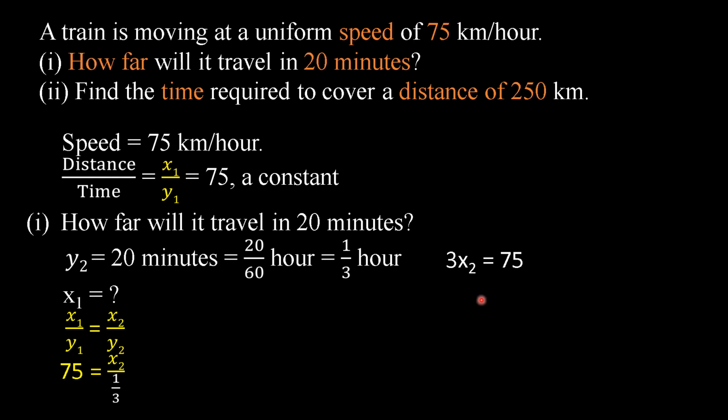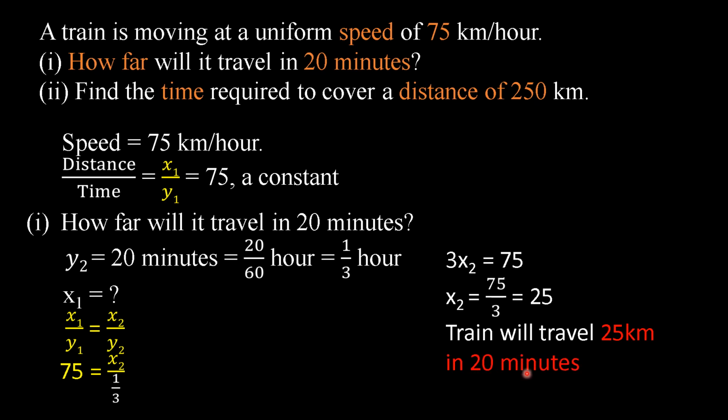So that gives us 3x equals 75. This 3 goes up in the numerator. So x2 becomes 75 divided by 3, which will be 25. So the train will travel 25 kilometers in 20 minutes.